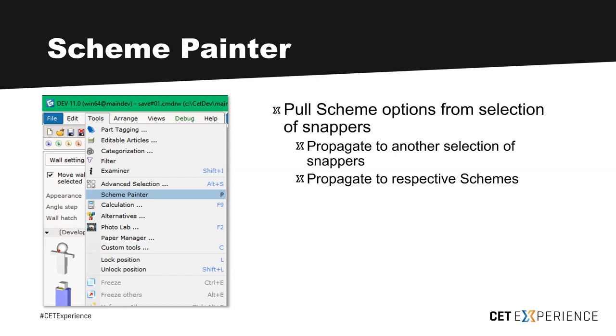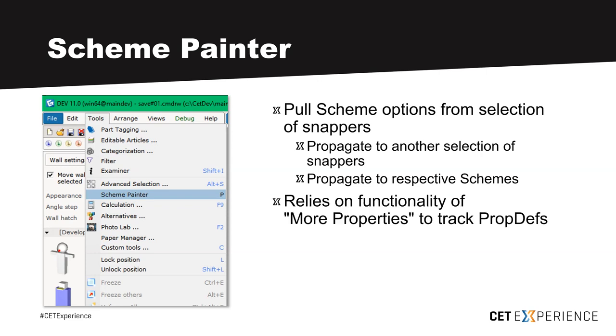So you can create prop schemes from objects in the drawing using this tool. In the background, it relies on that same more properties functionality that Kyle was talking about. Making sure you have that prop scheme quick property vessel present is going to be really important in making sure this tool works for you.